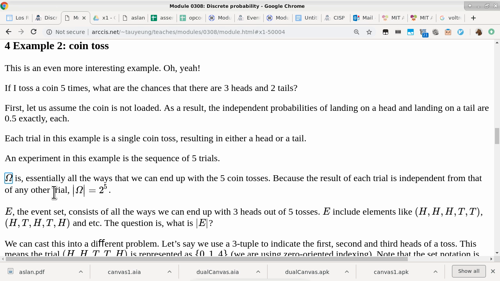We know what the denominator is when we try to figure out the probability. But what we do not know yet is what is the cardinality of E, because E is the set of all the outcomes that we are interested in. So that's going to be head, head, head, tail, tail, head, tail, head, and so on and so forth. So the question is, how many of those do we have? What do you think?